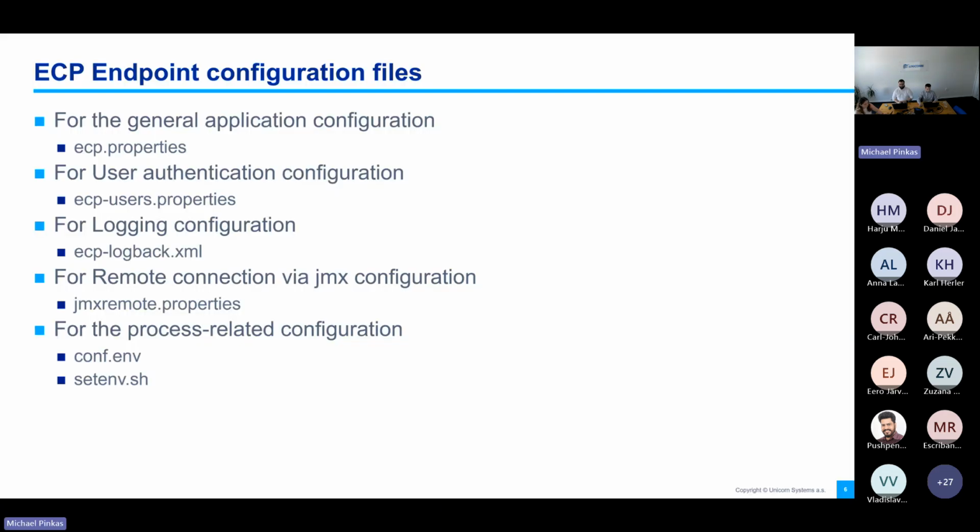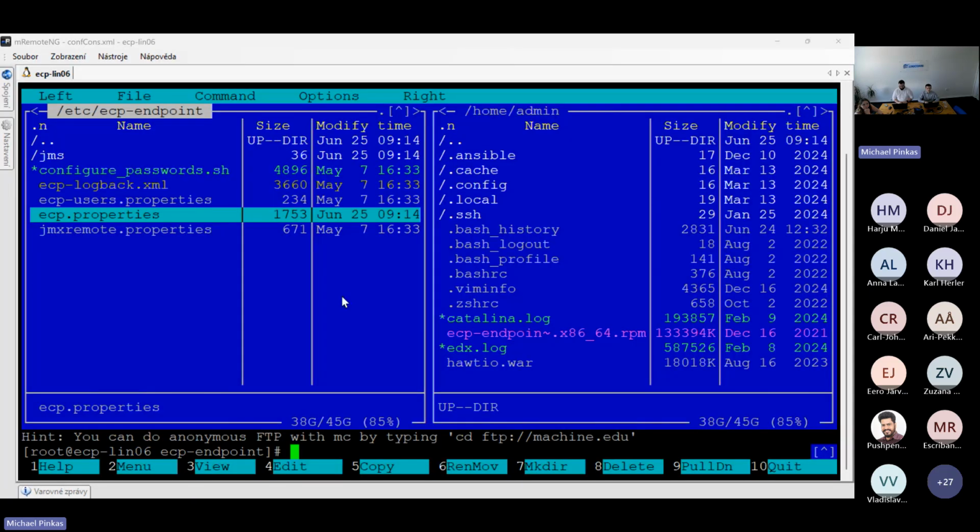So going back to the presentation, we have gone through these first 4 files, and now we will go to the conf.env and setenv. As I mentioned, these are used for the configuration of environment variables. That would be for example, the maximum limit of memory that the endpoint can use.